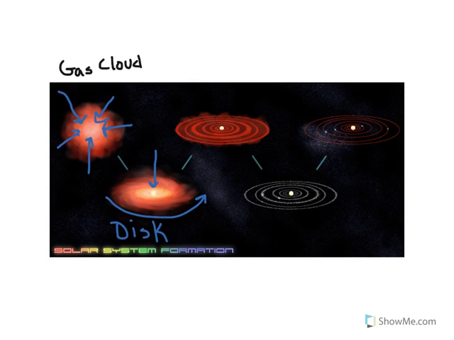Now within that disk, material is going to start to clump. And the official name for that is accretion. So what's going to happen is you're going to get concentrations of material.